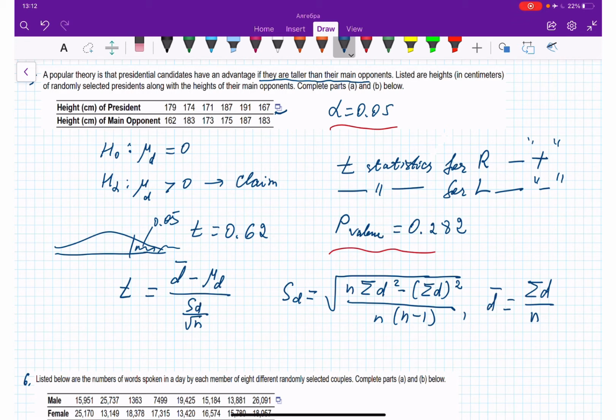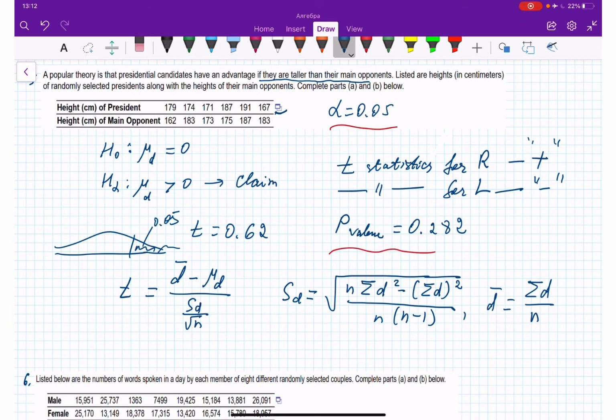So in p-value, we draw conclusion based on the rule that we already know. If the p-value is less than or equal to your alpha, then we reject the null hypothesis.